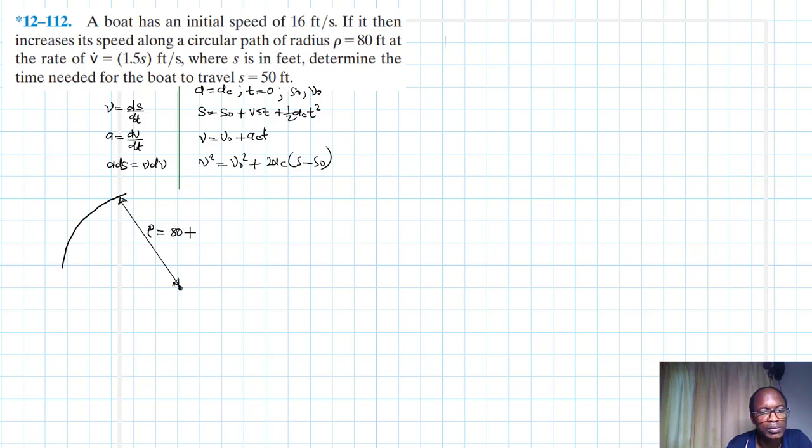That's the radius of our circular path. Imagine this is our starting point for our s, and we are trying to work out the time needed for the boat to travel 50 feet.